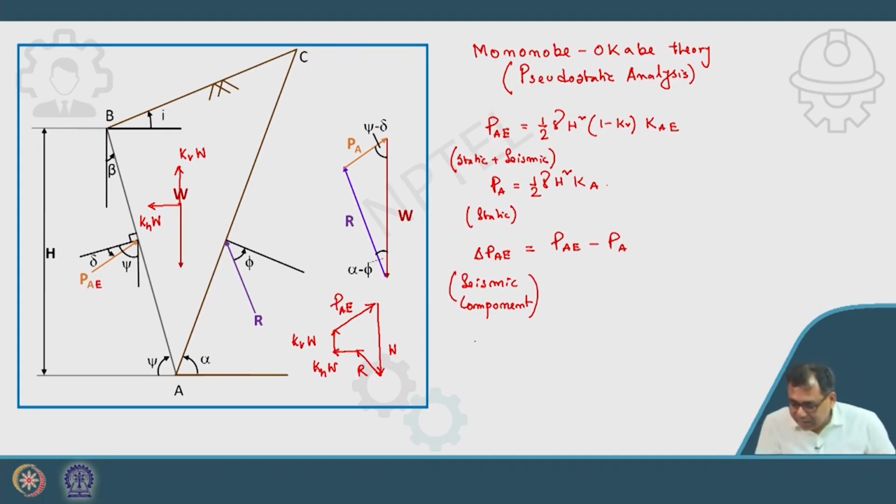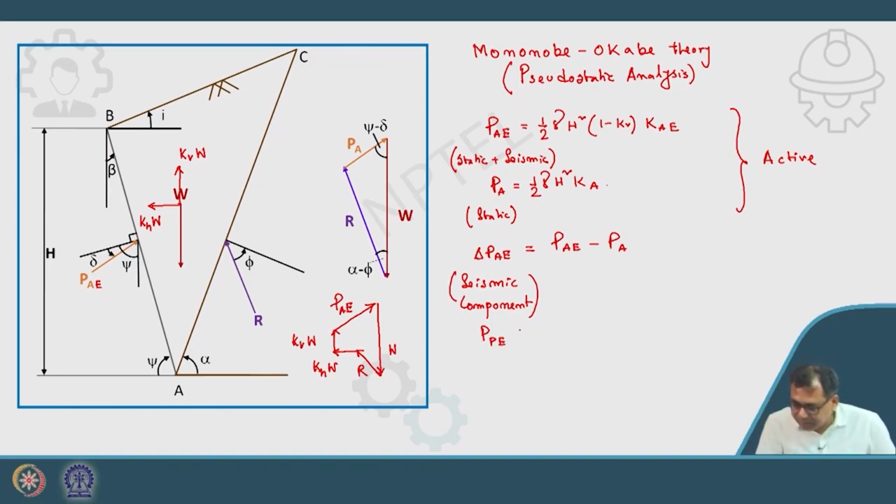Similarly, I can write PPE, that means this is for passive and the earlier one is for active. P means passive, A means active.